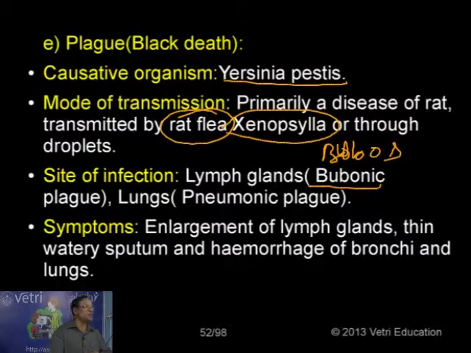Once people are affected with pneumonic plague, there is no cure, so a 100% death rate. All individuals die. But in bubonic plague, there is a chance, about 50%. So it is a 58% mortality rate in bubonic plague and 100% in pneumonic plague.